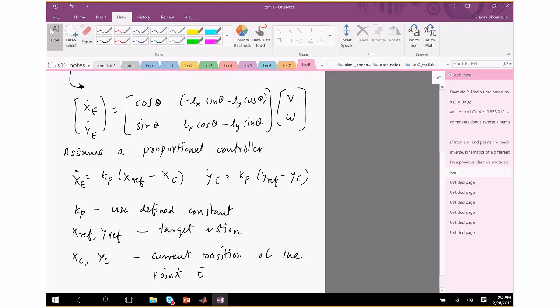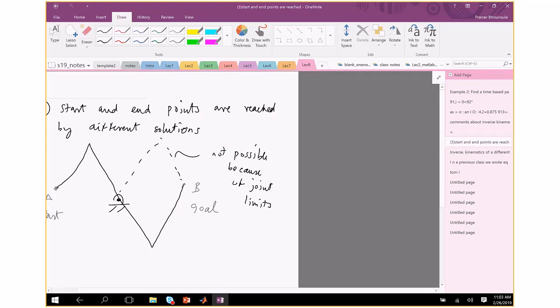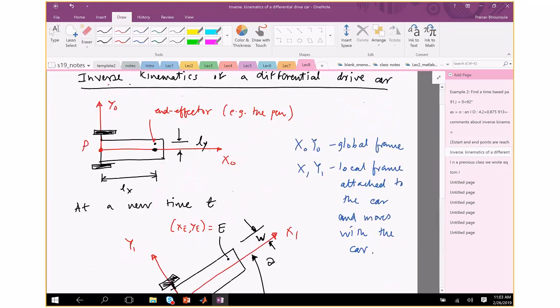Let's go back. So for example, at time t, when the car is this way, the position of the end effector is going to be: the x position is x plus Lx, right? The y position is y plus Ly, and so xc and yc is basically the current position of the car. And as the car moves, that position keeps changing. But since we are keeping track of the car at every instant of time, we pretty much know xc, yc.